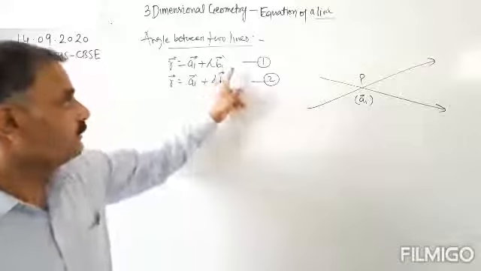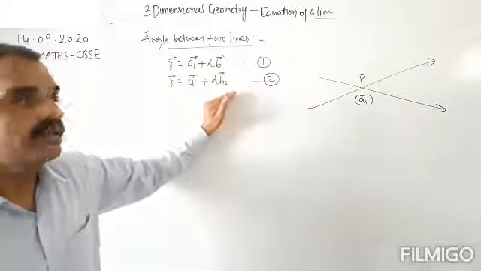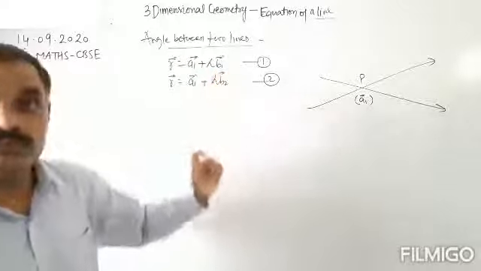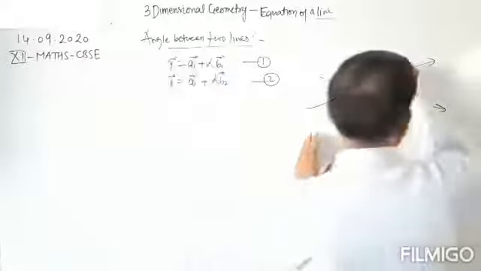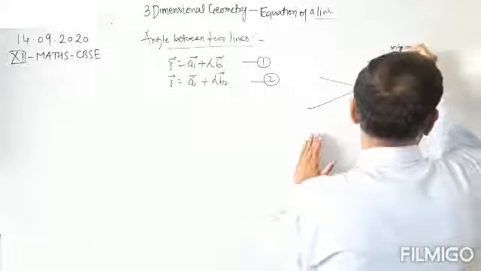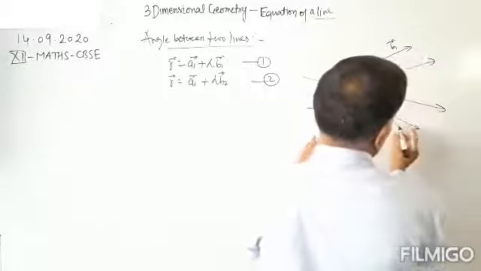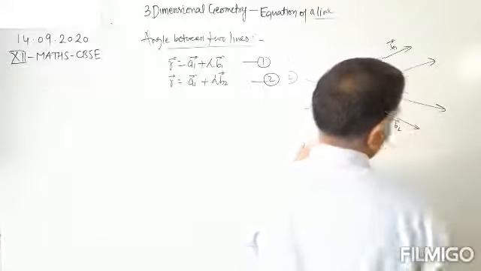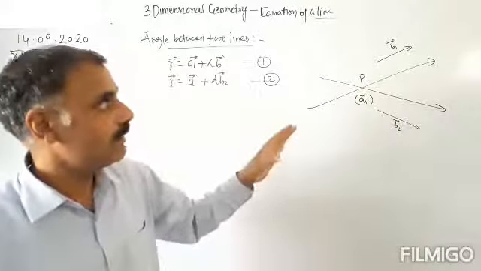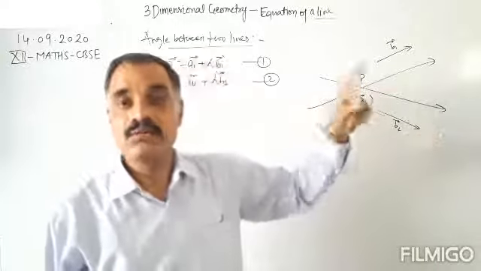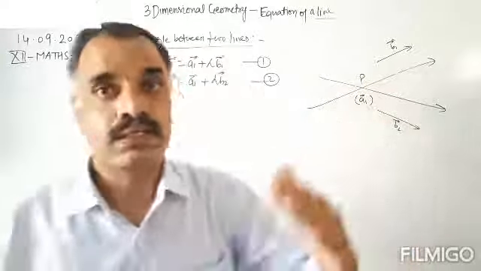And v1 vector and v2 vector are the directions of the two lines. Means the first line is parallel to the v1 vector, and the second line is parallel to the v2 vector. So we have to find the angle between two lines, means we have to find the angle between two vectors.